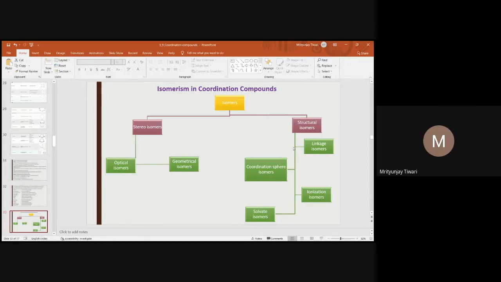Once I explain this, I'll also include those rules, how you will differentiate between the names of two different isomers. Isomers means the same molecular formula but different structure, and different structure means the name should also be different, because the name should uniquely or unambiguously represent the structure of the given complex compound as per the recommendations of IUPAC. Those things we'll see in our next lecture.